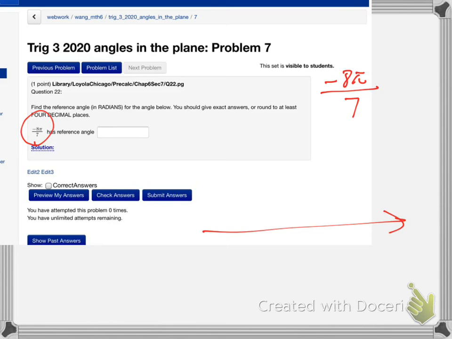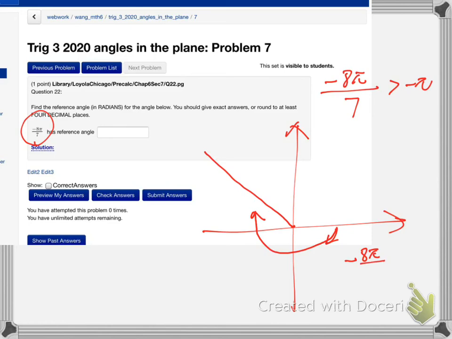That means we have a negative rotation, so we rotate this way. It's a little bit bigger than negative pi. So we have a negative rotation and a little bit bigger than negative pi, and that's the terminal side of negative 8 pi over 7.